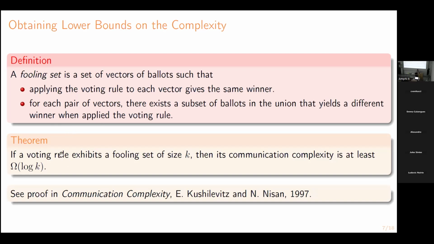And this is the general method to obtain lower bounds: it will always be to exhibit a pooling set of the right size, and then you will have the lower bound. This is not proven in this paper. This is proven in a previous paper called Communication Complexity, and I haven't read it. So if you have questions about why this is true, I don't know.